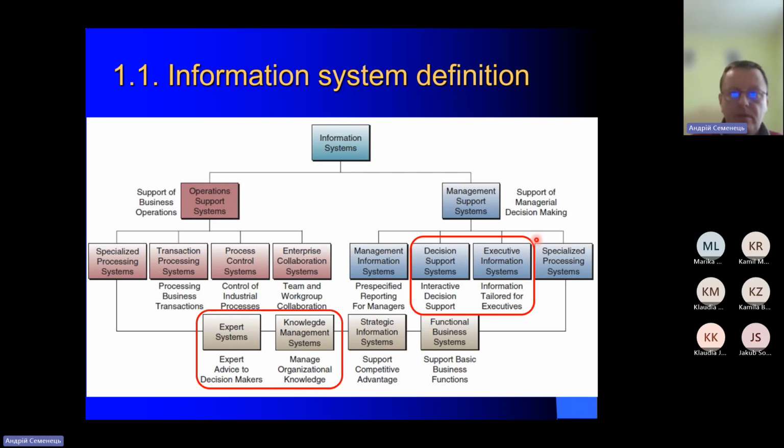As you can see, we have large families of different types of information systems, and we will try to cover only these four or pairs, because between decision support systems and executive information systems there is little to no difference, depending on circumstances. In the same way, expert systems and knowledge management systems are quite similar and not in all cases clearly distinguished.